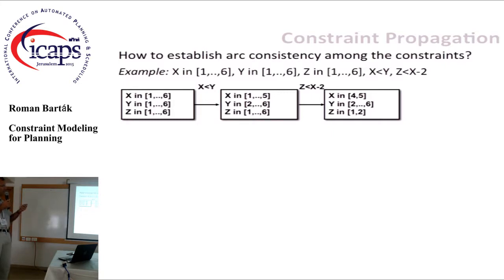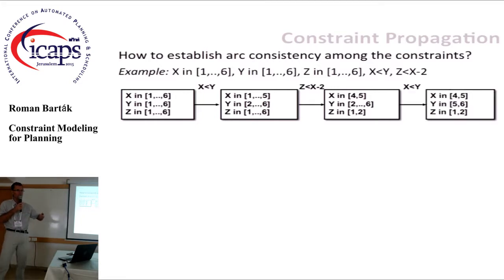But now the constraint z is smaller than x minus 2 is consistent, but if you look at it, the constraint x is smaller than y is no longer consistent because we changed the domain of the variable x. So we need to check the consistency of this constraint again. And we can see that the domain of the variable y has really been reduced.